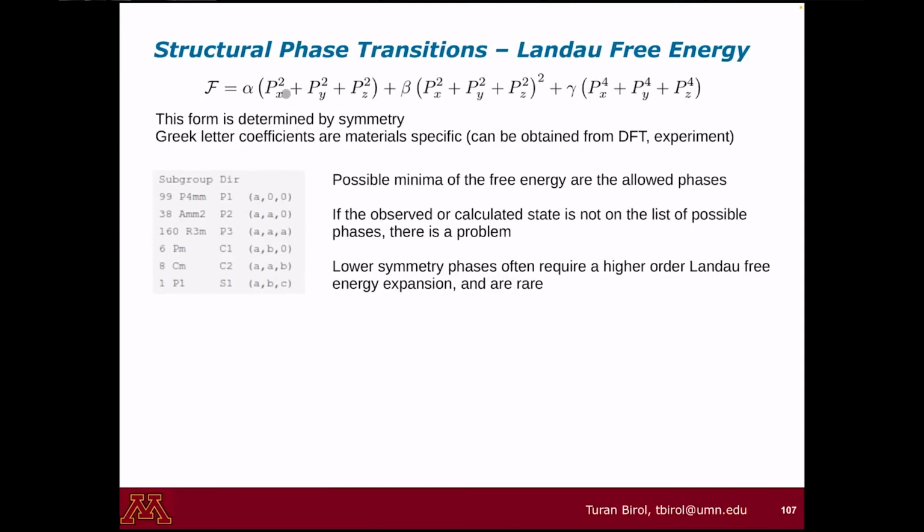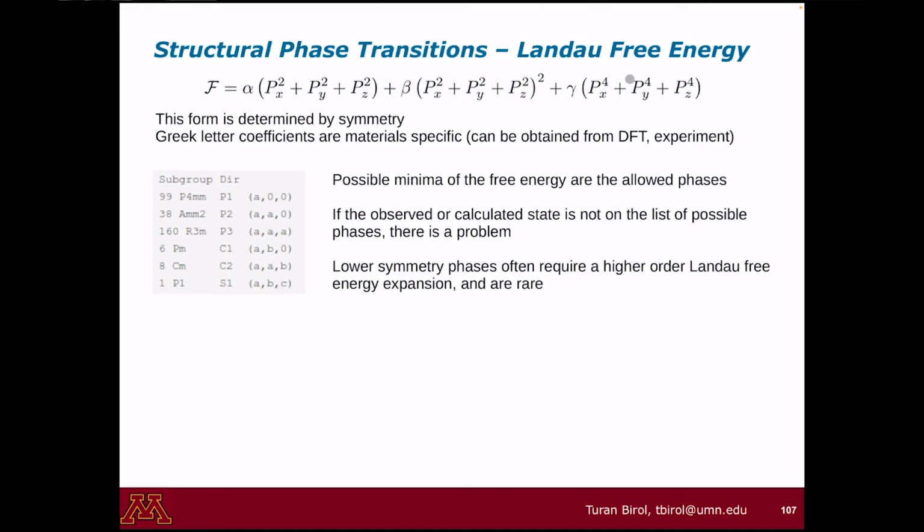Otherwise, there will be no reason for P to become non-zero and break the symmetry to begin with. When you go down here, for example, when you look at the P1 space group, number 1, this is for a polarization along ABC. So this is a situation where you have polarization non-zero along all three cubic axes, but the magnitudes are all different.